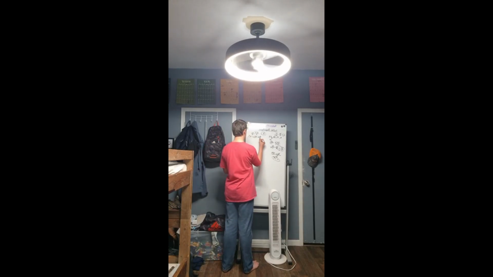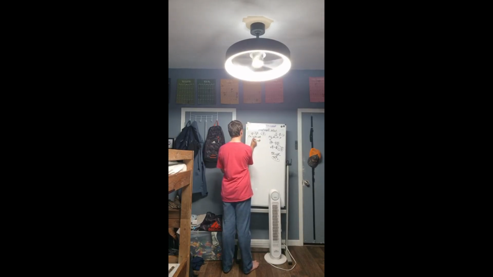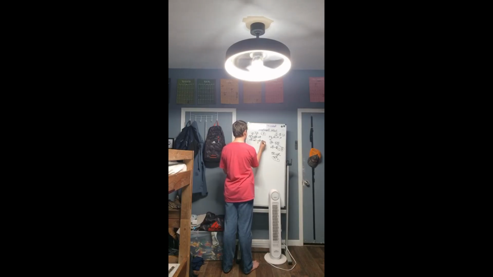So we would read 8x equals 5x plus 15, because 5 times 3 is 15. Now we're going to subtract 5x from both sides. Now we're going to leave 3x is equal to 15. Divide those by 3. X equals 5.